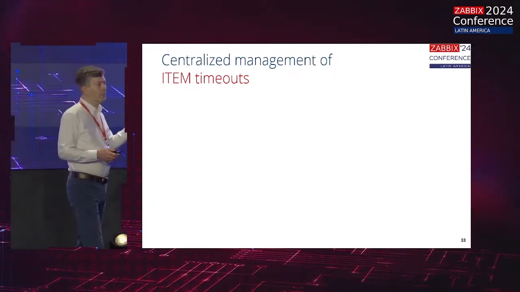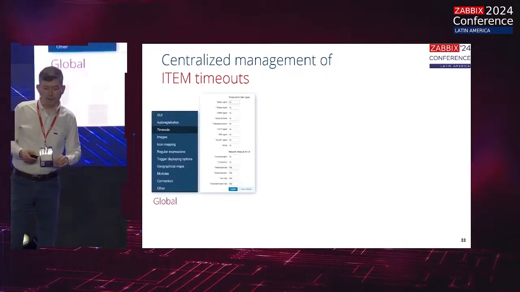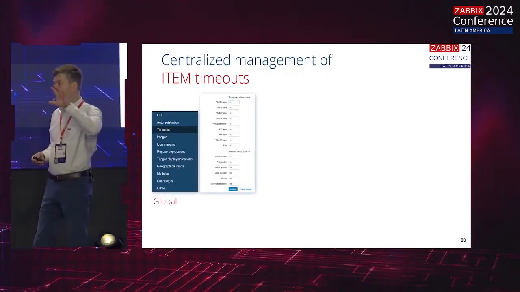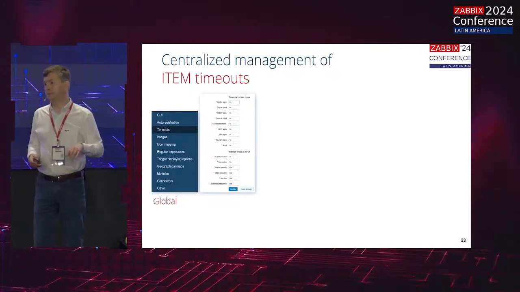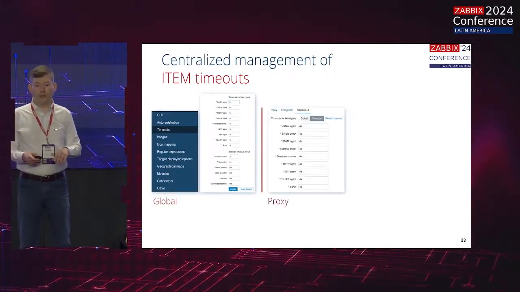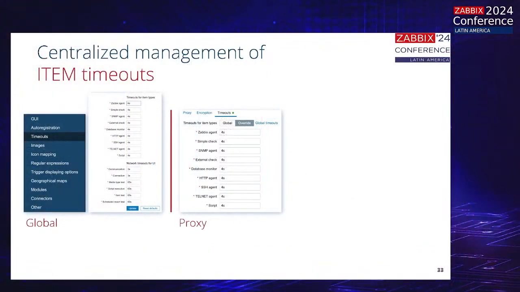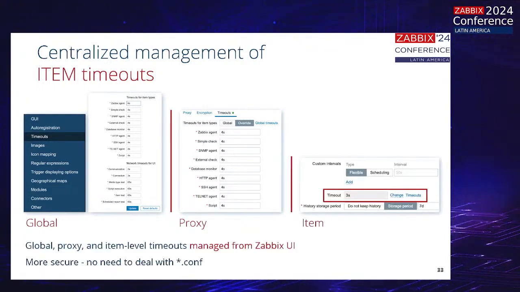But now, timeouts can be set on different levels, on the global level for different item types. You can set it also on a proxy level, basically an optional override on a proxy level if you want. And also you can override the item timeout on an item level.